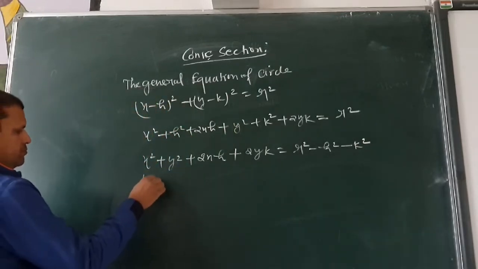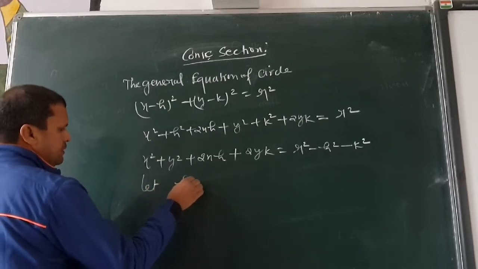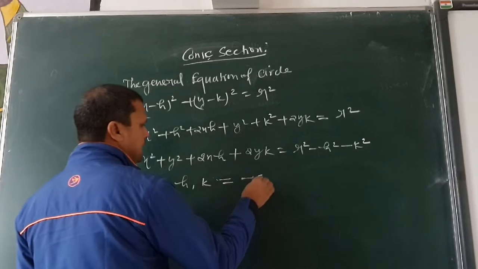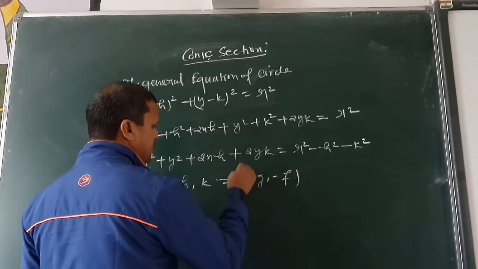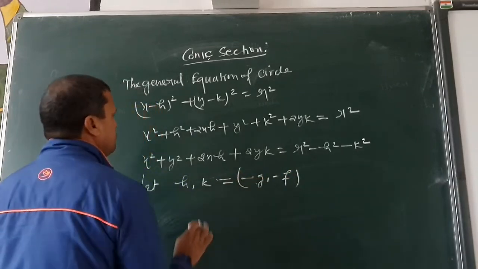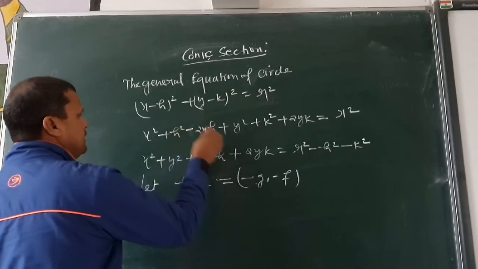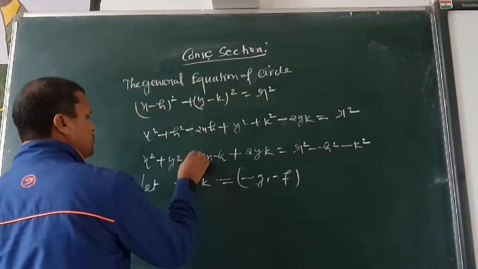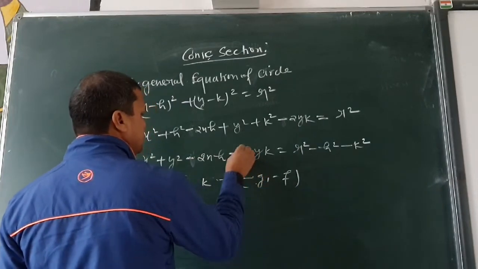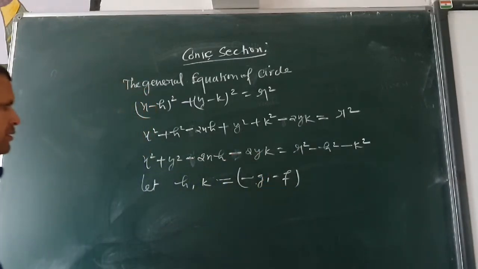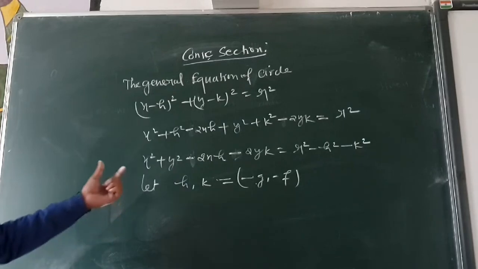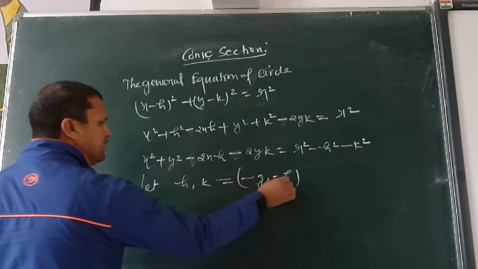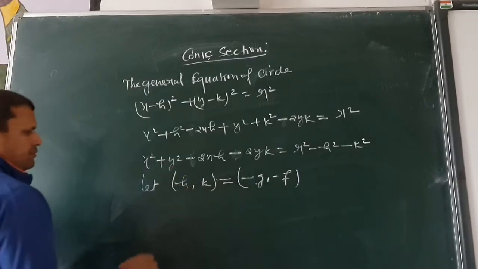Let (h, k) equal to (minus g, minus f), because this is the minus and this is the minus, so this becomes h equal to minus g and k equal to minus f.